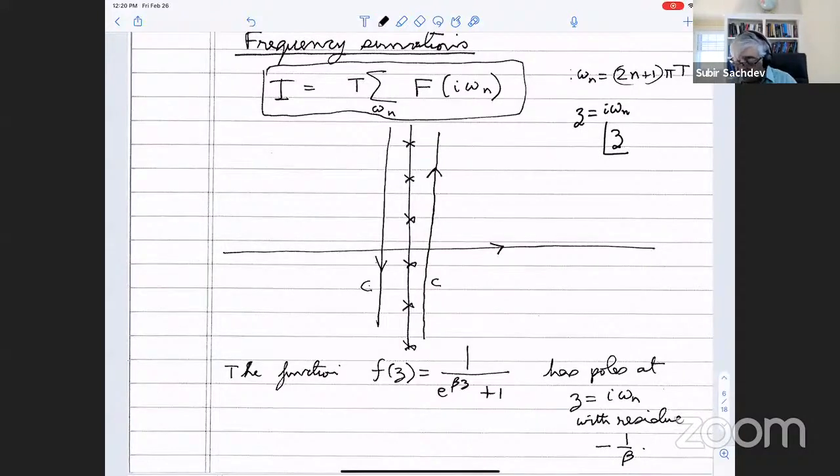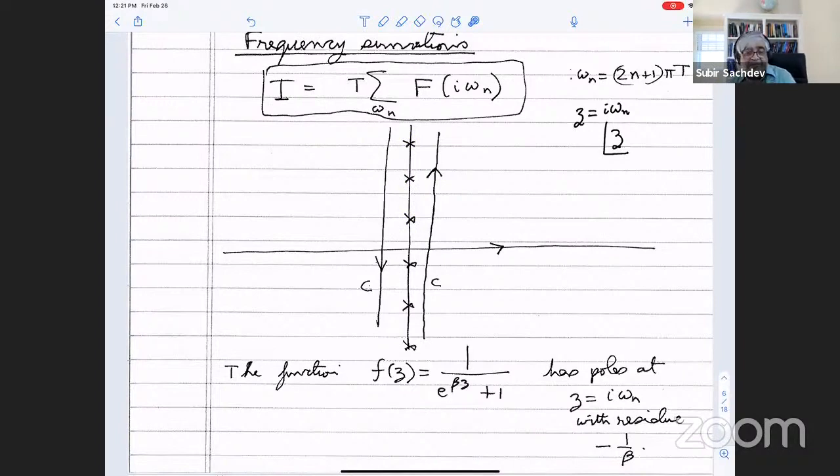So we have to evaluate the sum of f of z at these points, where z is i omega n in the complex z plane: i times pi T, 3i times pi T, 5i times pi T, and so on. For fermions, let's just do it for fermions. The same thing can work for bosons.